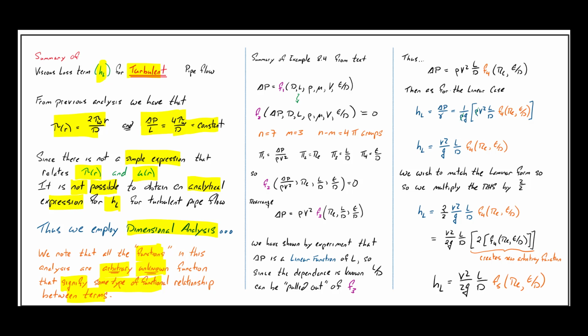In example 8.4 of the text, they give the full analysis of applying the Buckingham pi theorem to a situation where we're looking for what's causing the pressure drop.